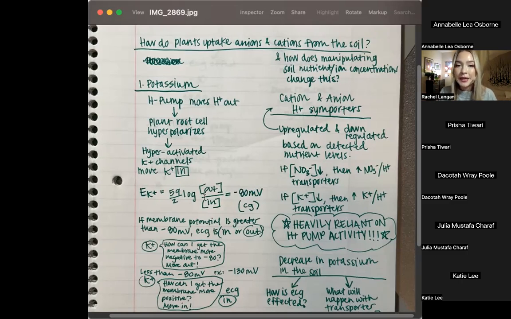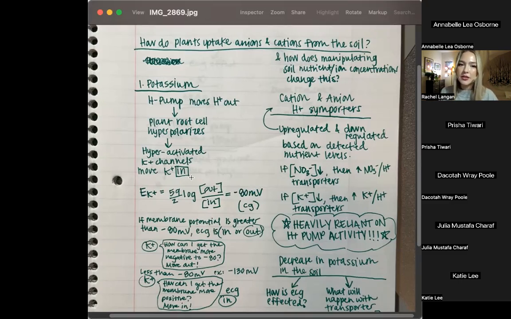So what you should expect on the test is to be given some soil that is not normal. We've either drastically increased the concentration of potassium in the soil, or drastically decreased it. Then you have to figure out what the effect of that is going to be using this electrochemical gradient reasoning.